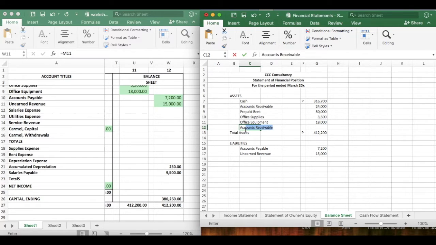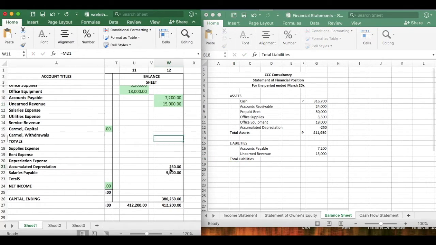Then we have accumulated depreciation of the office equipment, which is at 250. This is a contra asset, so that should be in a negative form or a deduct form. So it would now show that this would be deducted. So 316 until here minus this one, then you have your total assets now at 411,950.